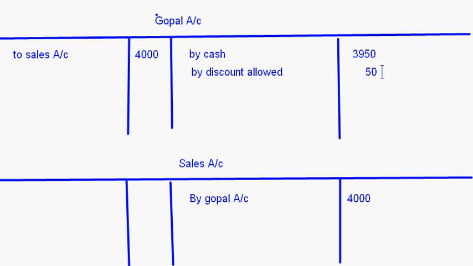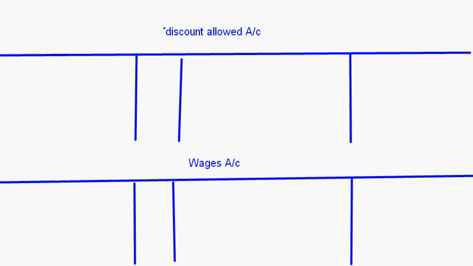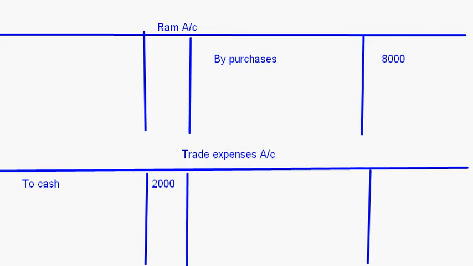And there is one discount allowed account where we have to make an entry. In discount allowed account you will have to Gopal 50 rupees, right? Okay, that's it, the ledger posting for that.